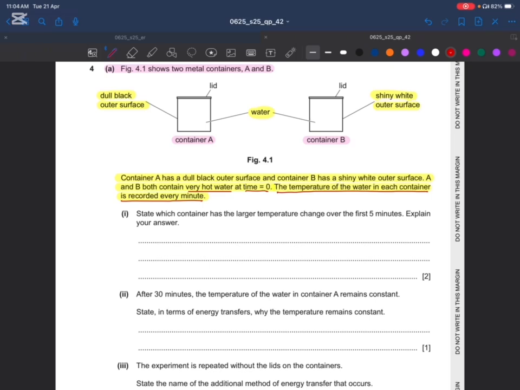Explain your answer. Here you have to think about it in a very simple sentence which we have been using. What is the sentence? A good emitter is also a good absorber.